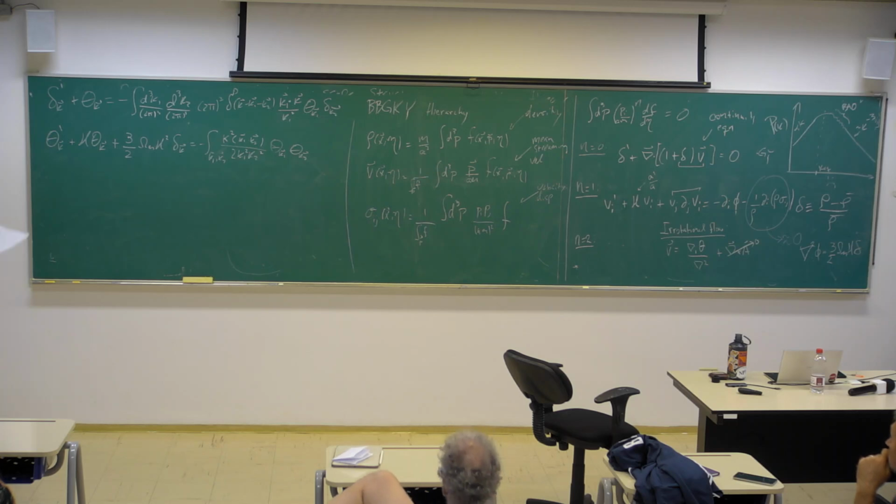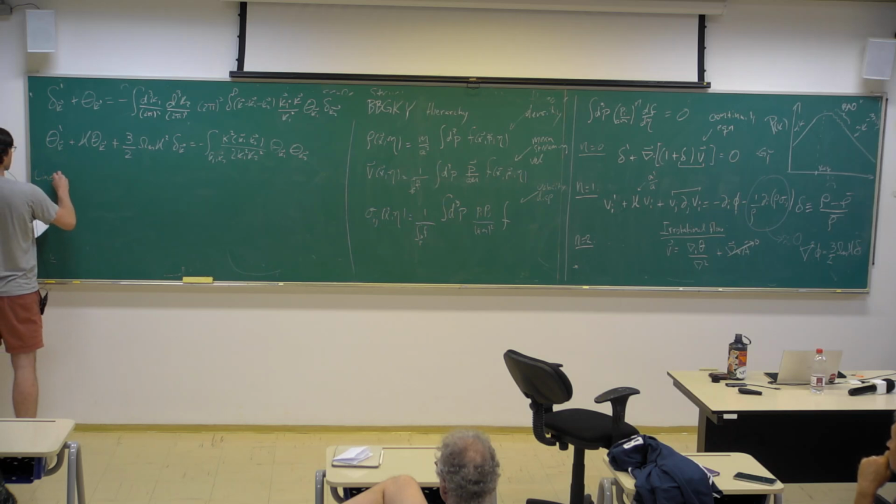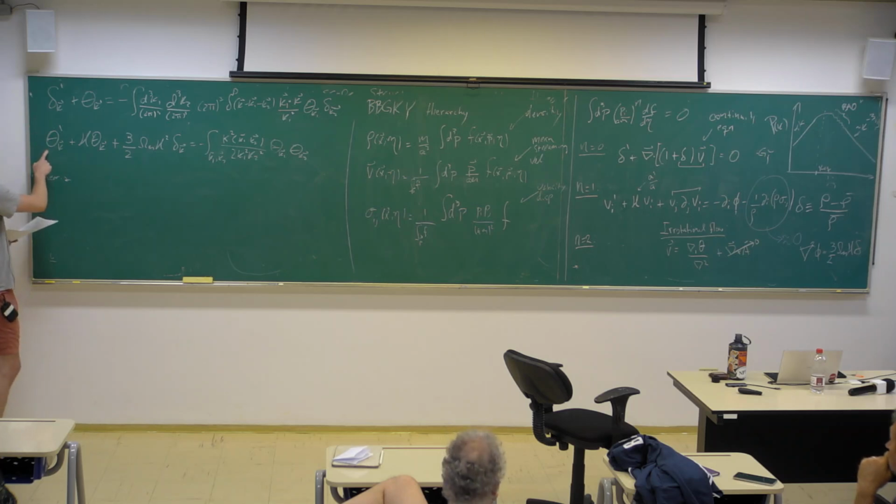And so this is the fully nonlinear equation. This is still valid to all orders, right? And so what we're going to do is linearize it, and that's easy. We just take the right-hand side and set it to 0. So first we linearize, and then we take a time derivative of this equation over here.